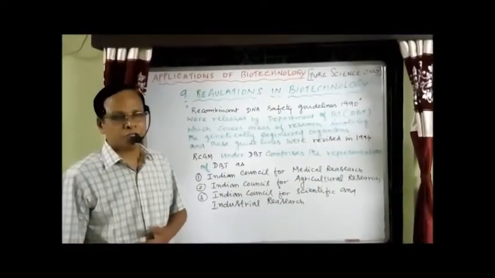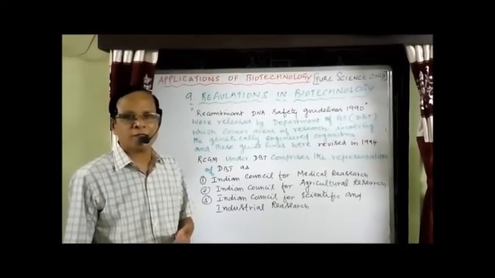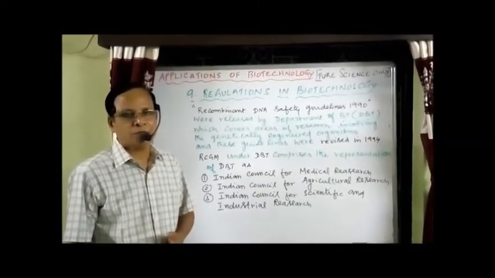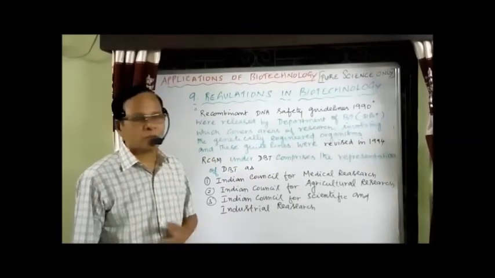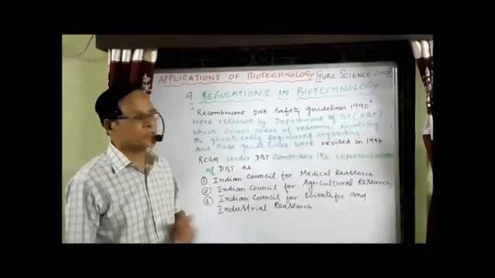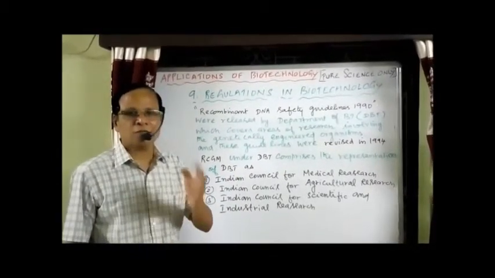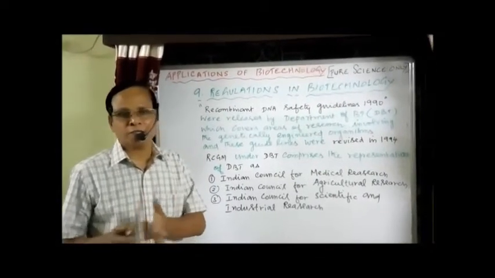A publication called Recombinant DNA Safety Guidelines 1990 was released by the Department of Biotechnology. It covers areas of research concerned with genetically engineered organisms.